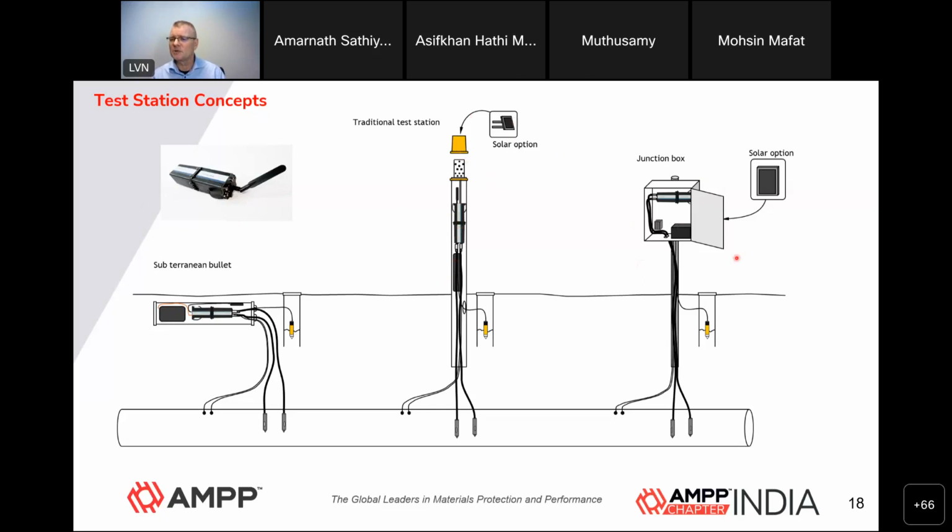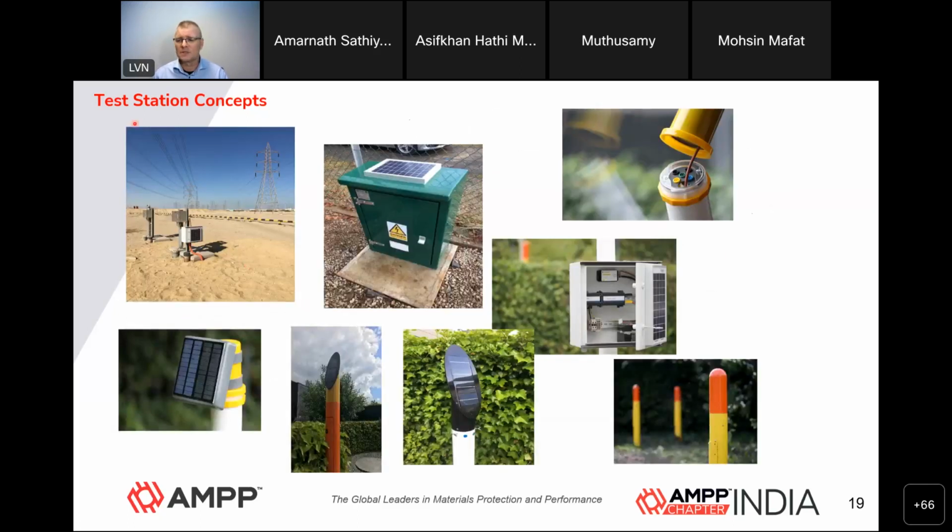It's easy to operate also with a solar option, or it could be a subterranean bullet that we bury in the terrain so that everything is actually hidden from the public, if that's a problem. So test stations do have a wide variety of appearances, just according to client need and client wishes.